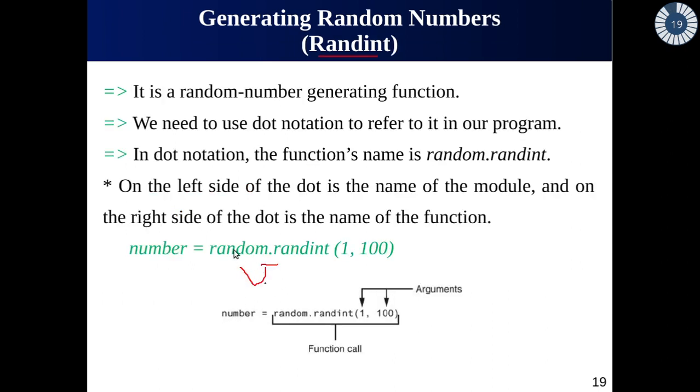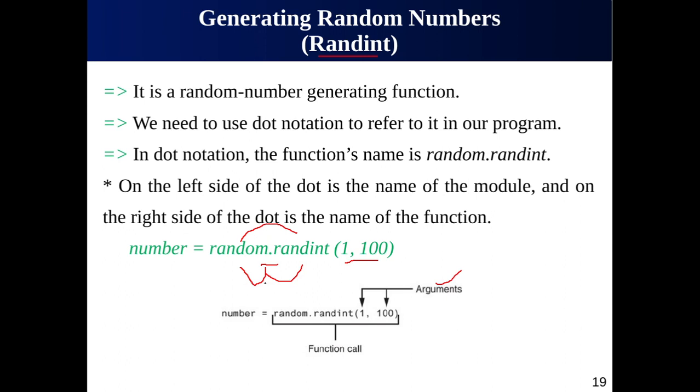So on the left side we have the name of the module, which in this case is random, and on the right side of this dot is the name of the function, a built-in function, which is defined inside this module. And then inside the parentheses we have the arguments, starting value and the final value.